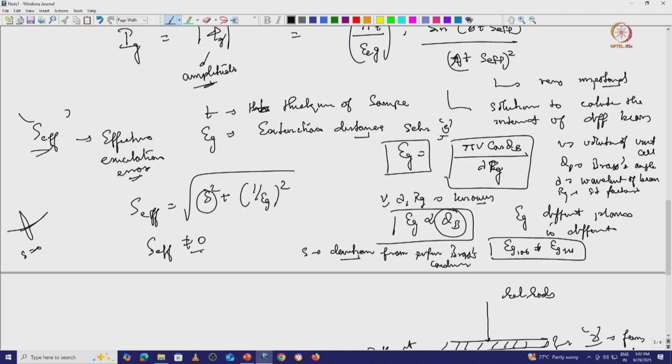Okay. So when S is equal to 0, your S effective becomes 1 by psi g.